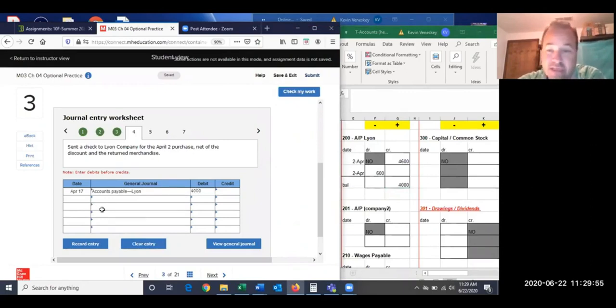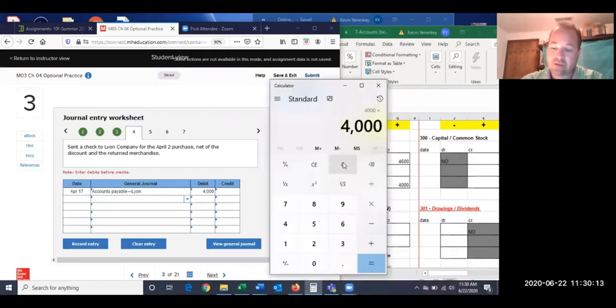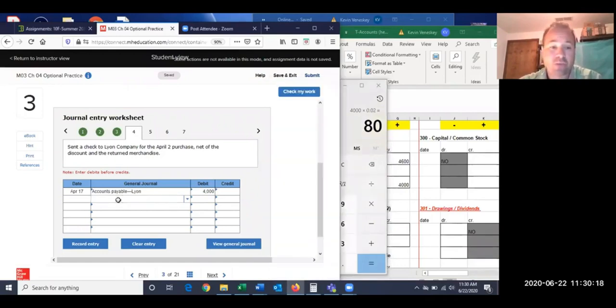But my credit to cash isn't going to be $4,000, because they're giving me a discount of 2% based on my net, what I actually purchased, because I didn't really purchase the $600. So if we get out the calculator and take 2% of $4,000, $80 I get to take off of my bill, and that's what I'm going to pay.